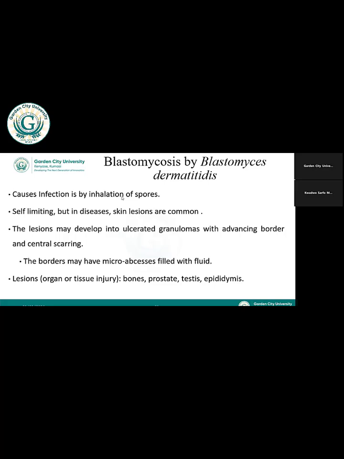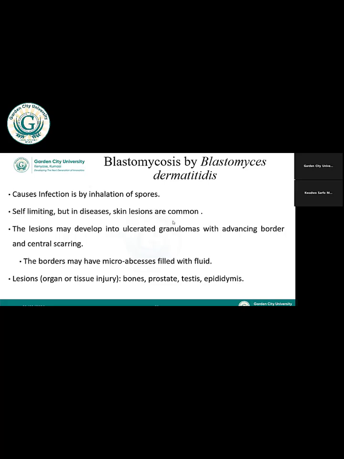So, this is also caused by inhalation of the spores of Blastomyces dermatitidis. And in the case of the skin lesions, they are mostly self-limited, but they can sometimes spread to other parts if treatment is not given promptly.